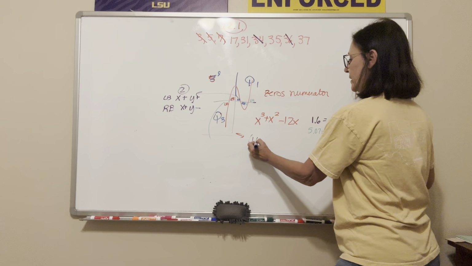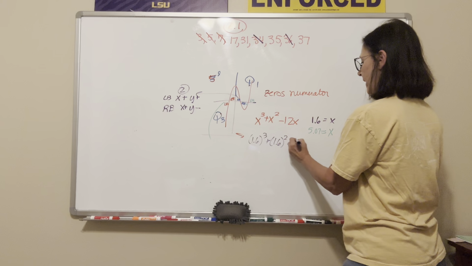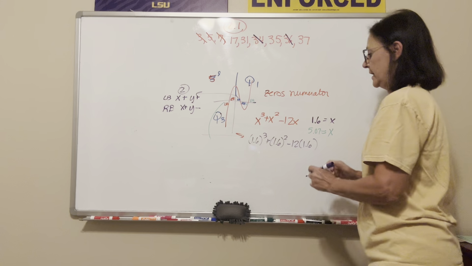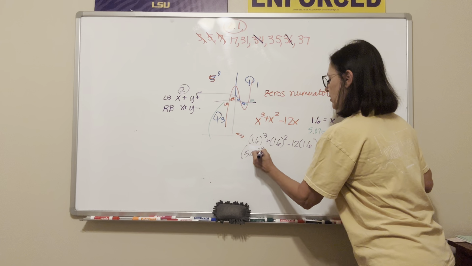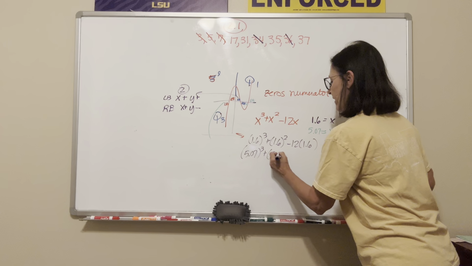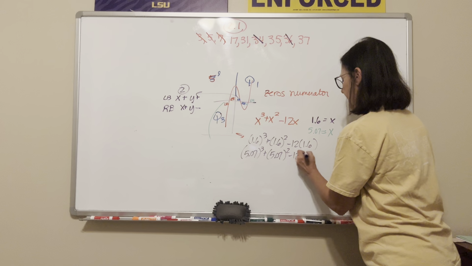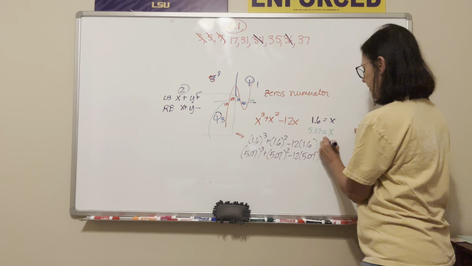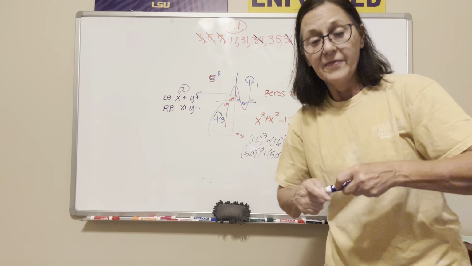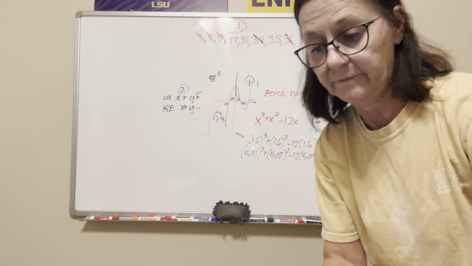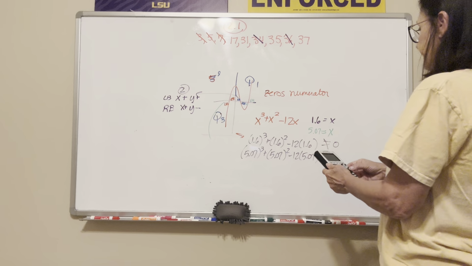So it'd be 1.6 cubed plus 1.6 squared minus 12 times 1.6. And we'll also do the same with 5.07: 5.07 cubed plus 5.07 squared minus 12 times 5.07. We're making sure they do not equal 0. Because if they make the denominator equal 0, they're not a solution. All right? I'm just going to do the math in my calculator.